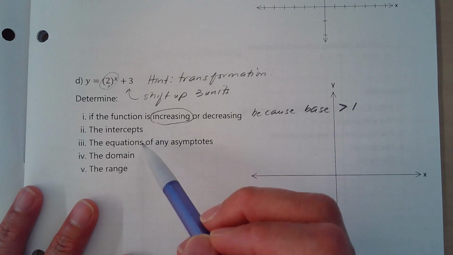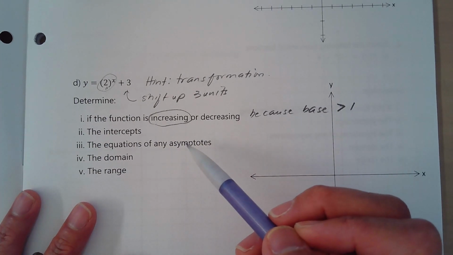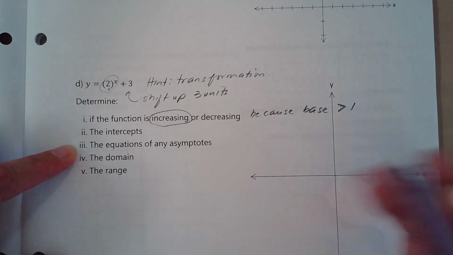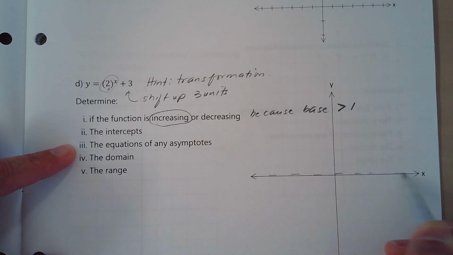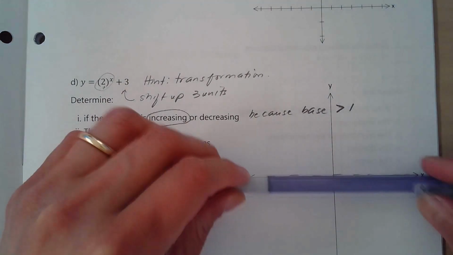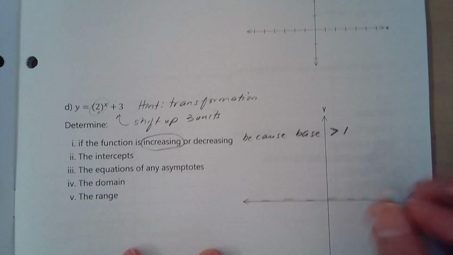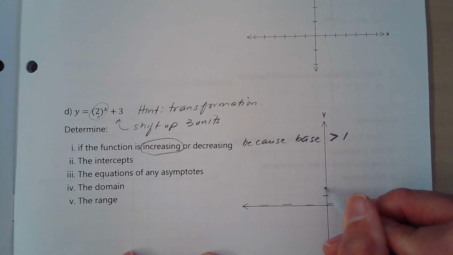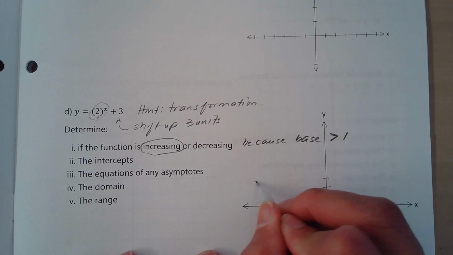Let's see first, before we get into this one here, initially our asymptote, I'm going to jump to number 3. Initially our asymptote was here, right? At y equals 0. But because everything is shifted up, that also includes our asymptote. So our asymptote now has been shifted up 3. So 1, 2, 3. Asymptote is right there.